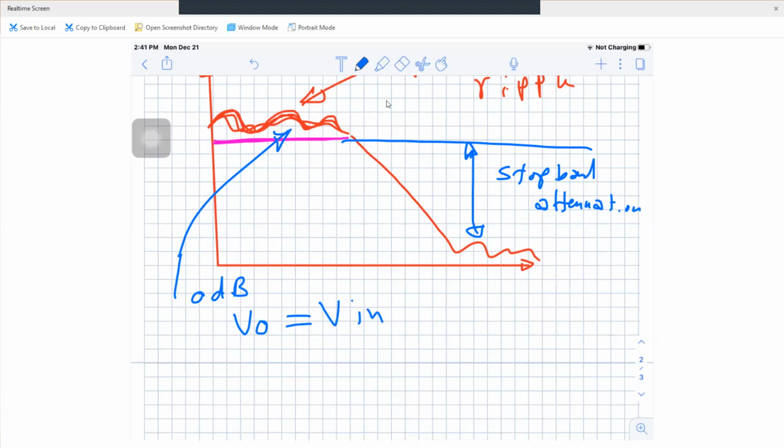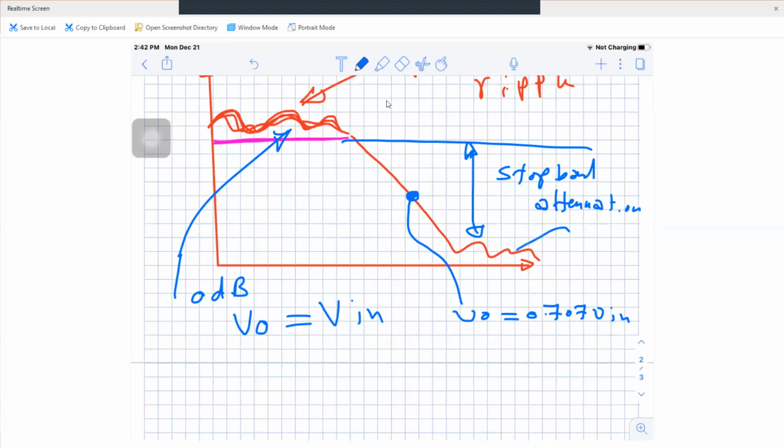At the cutoff frequency, which is the minus 3 dB point, the relation between V out and V in becomes V out equals 0.707 V input.